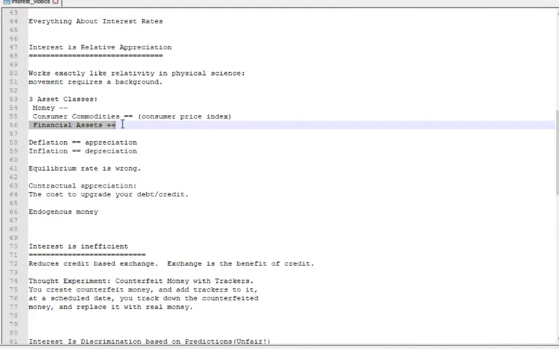Okay, now the final asset class is going to be our financial assets. Now, based on conventional thinking about interest rates, financial assets are supposed to appreciate in value over time. And the idea is that you as a person will use your resources to generate more resources, okay?